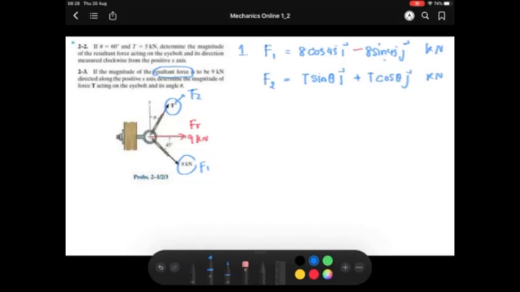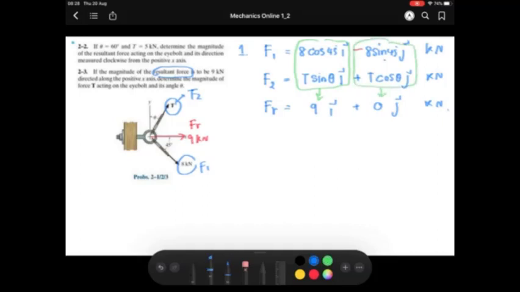They give you FR, which is in the x direction, so it means it is 9 i plus 0 j. So if you combine these two in terms of the x component, you should get this one, and if you combine the y components, you should get this one as well.